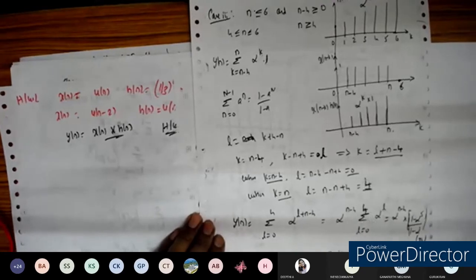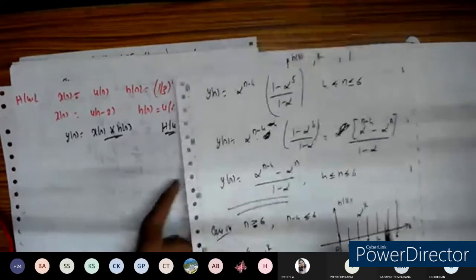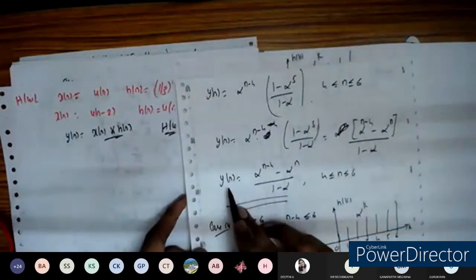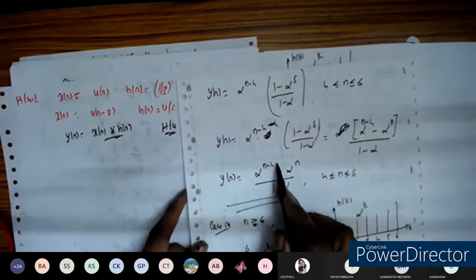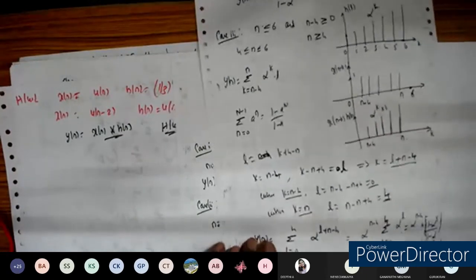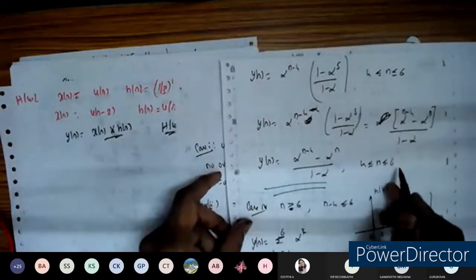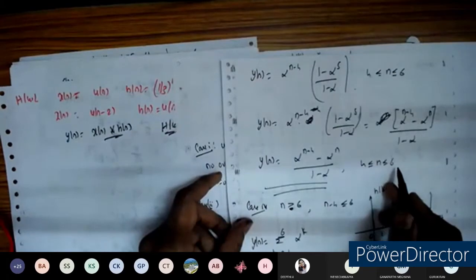So this is for the case 4 is less than or equal to n is less than 6. We multiplied alpha to the power of n minus 4 with this quantity, and we got y of n equal to this one.